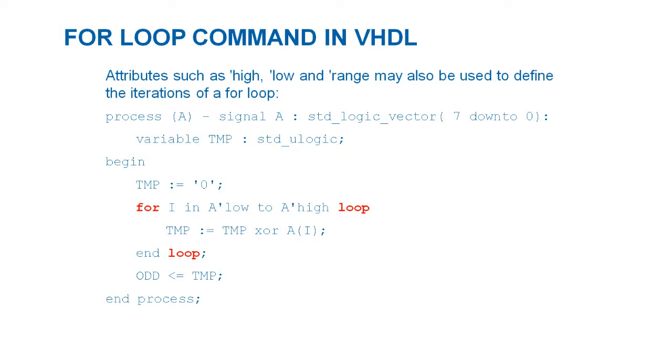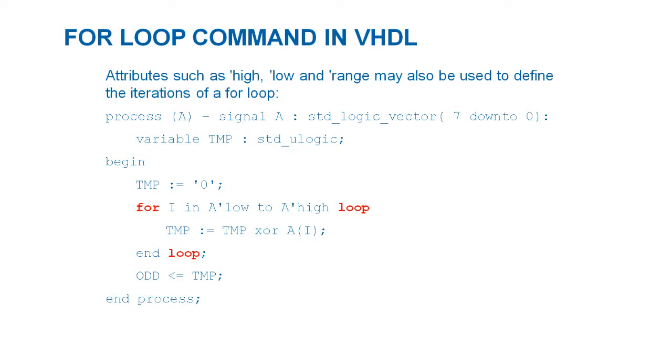What this does is that we now have a for loop where we don't know the range, and this becomes difficult for the synthesis tool to implement, because at one point A low can be 1 and A high can be 7, and at another point, depending on the data or the signal type, A low can be 0 and A high can be 50 or 64.